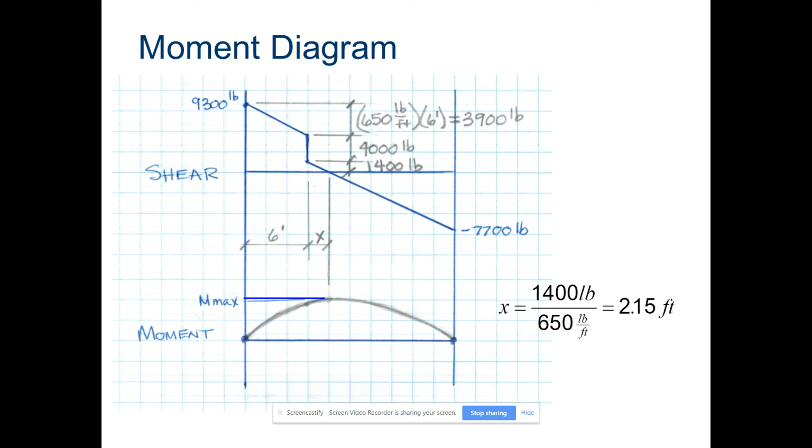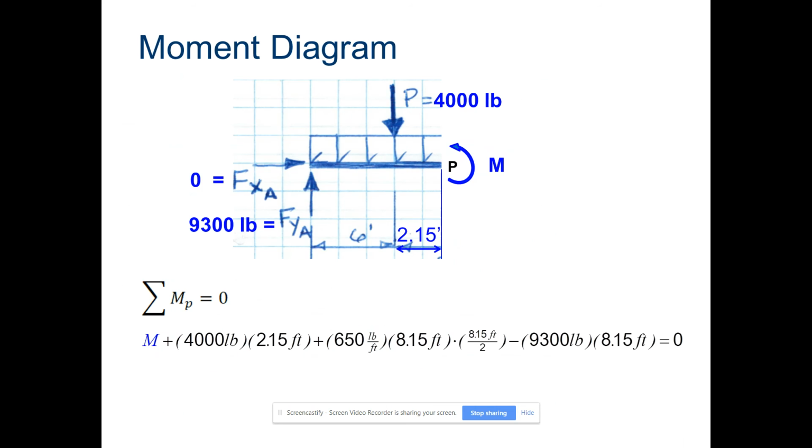Okay, now we have our moment, and we need to determine what the maximum moment is. You see that there's a kink before we get to that max moment. There's a point 6 feet away that shows where that kink in the curve is. We discussed that kink. That's where we have our continuous load meeting our concentrated load. All right, here we're going to solve for the maximum moment, and we have 4,000 times 2.15.